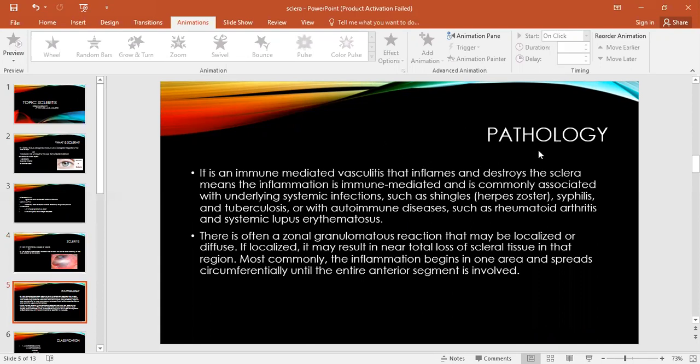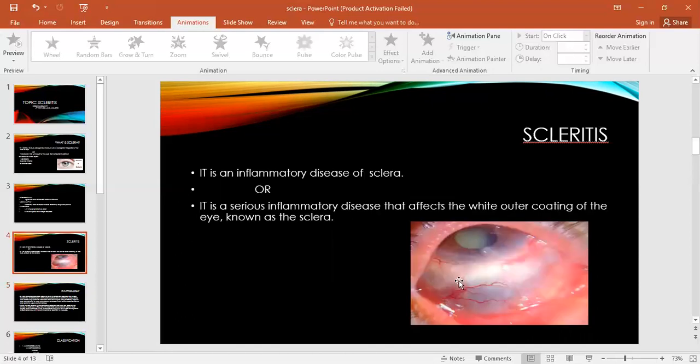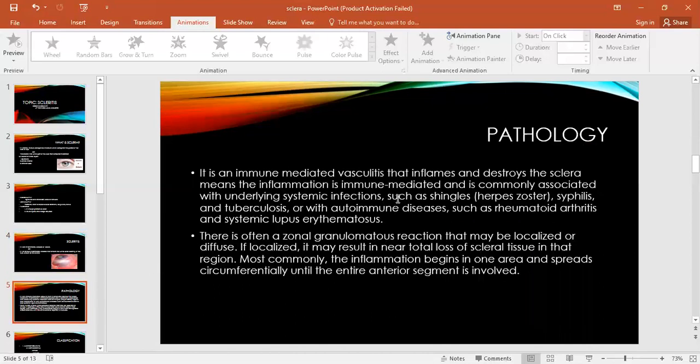Now we see the pathology of scleritis. It is an immune mediated vasculitis that inflames and destroys the sclera. It means the inflammation is immune mediated and is commonly associated with underlying systemic infection such as herpes zoster, syphilis, and tuberculosis. T lymphocytes, B cells, all these attack the sclera and cause inflammation, and this inflammation is granulomatous.